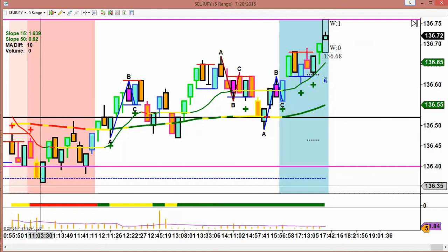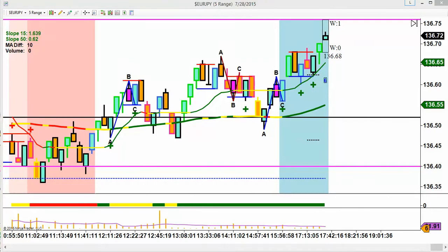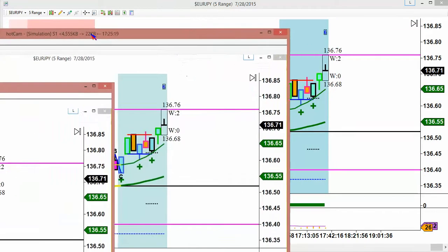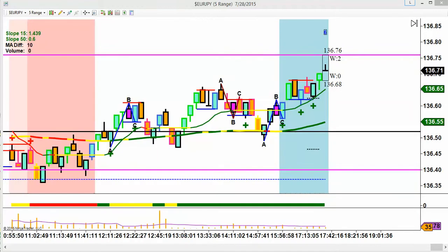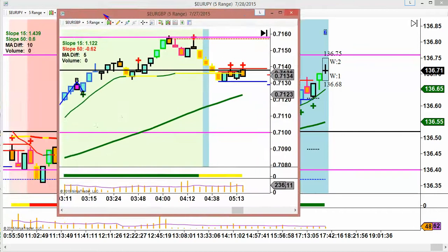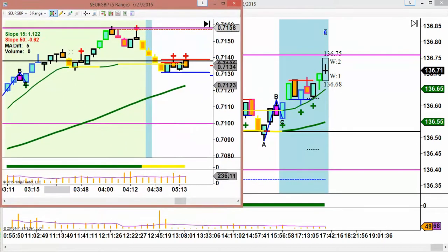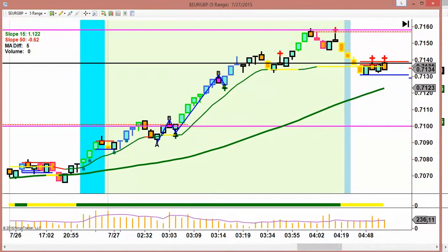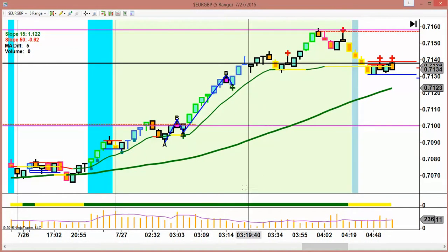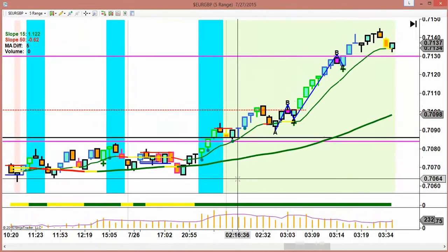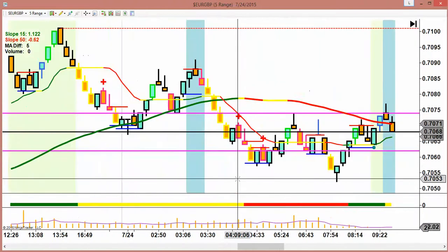Let me quickly go to the last market I have here. Let me just find it. Here it is. It's the Euro Pound. Now, each of these has separate quant lines because the correlative markets for the Euro Pound are different than the correlative markets on the Euro Yen and the Euro Dollar.